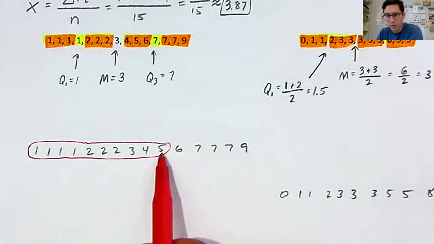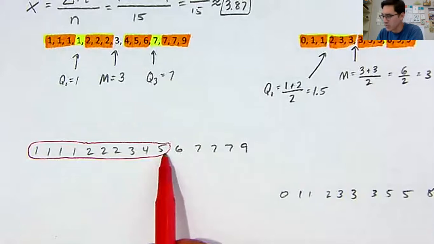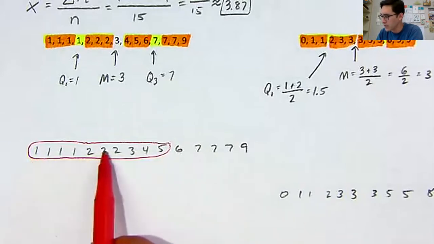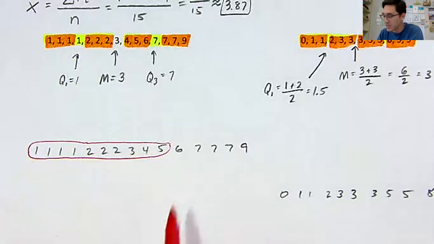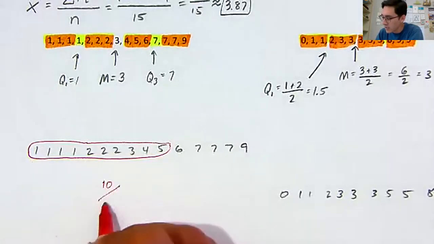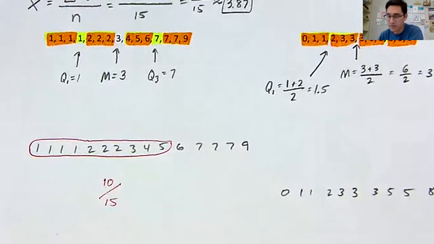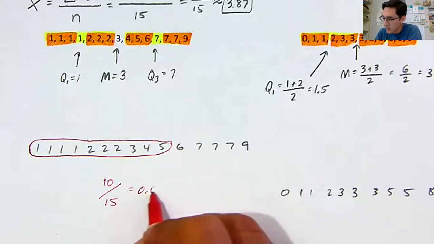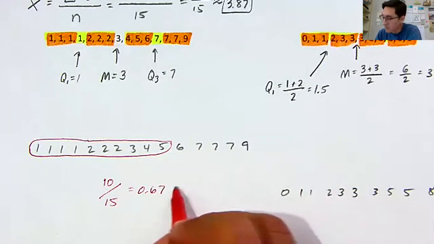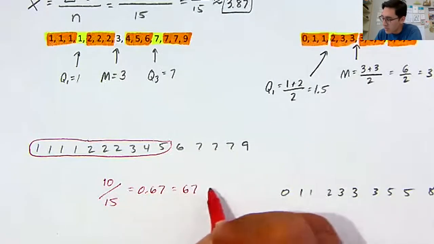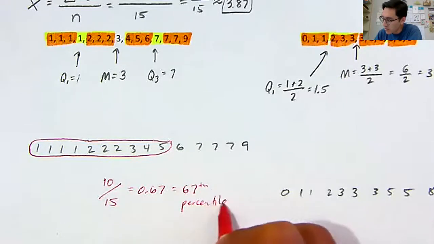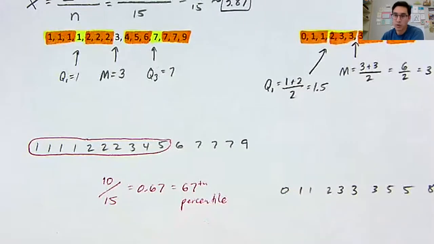So the place where 5 ranks in this distribution, well, it's the 1, 2, 3, 4, 5, 6, 7, 8, 9, 10th. It's the 10th value in a list of 15, right? And so that's 0.67 for the 67th percentile. Okay, so that's where it would rank, right?